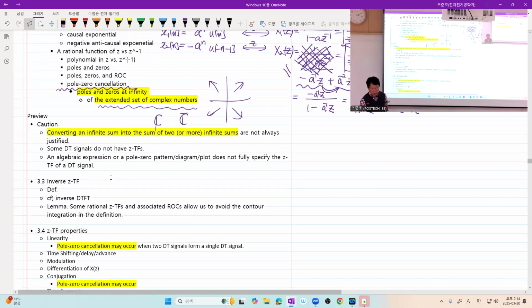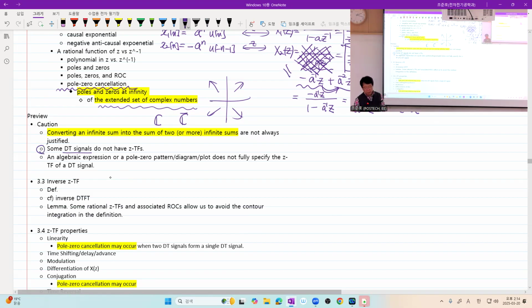Another one is that some discrete time signals do not have Z transforms. We will see today. Last time, at the end of the class meeting, I just covered it very fast, but while reviewing, I found that's very important, so we will see this.